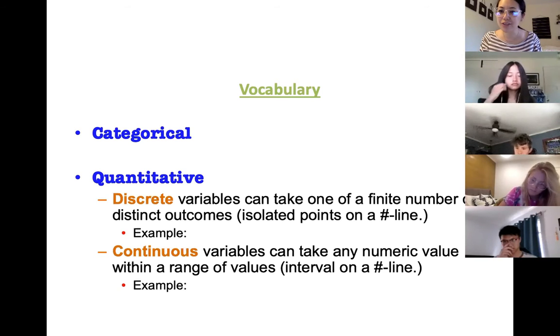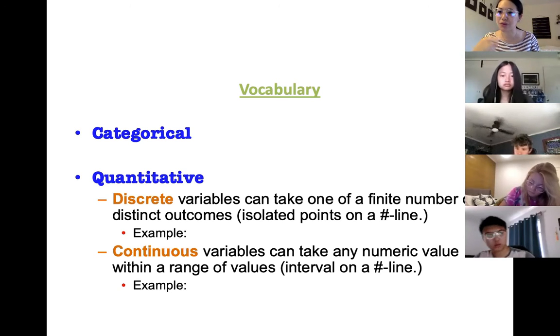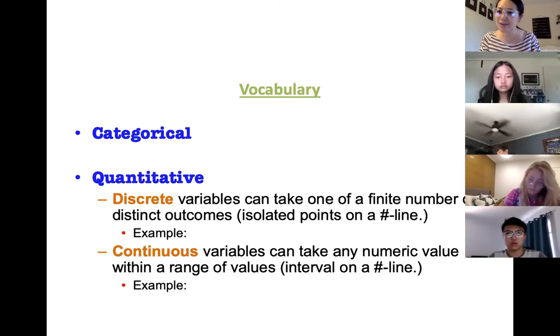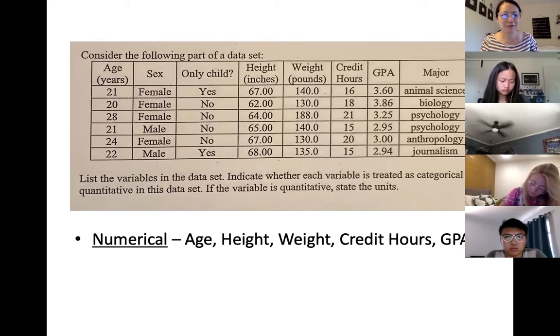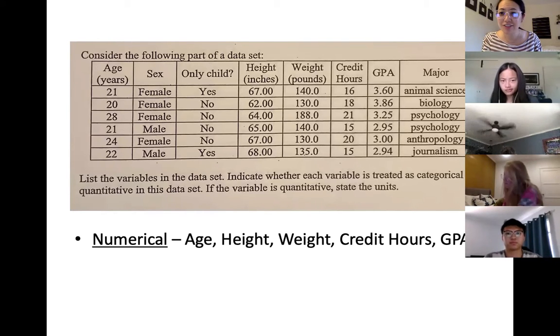I will give you a trick on how to distinguish between the two as well. But let's see if you can identify first, with the same examples, just looking at the numerical. So age. Does that seem more discrete or continuous?